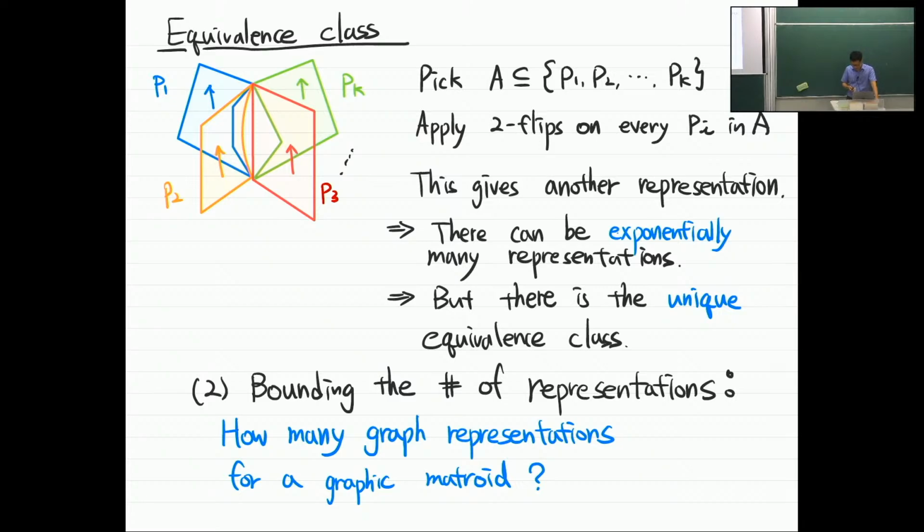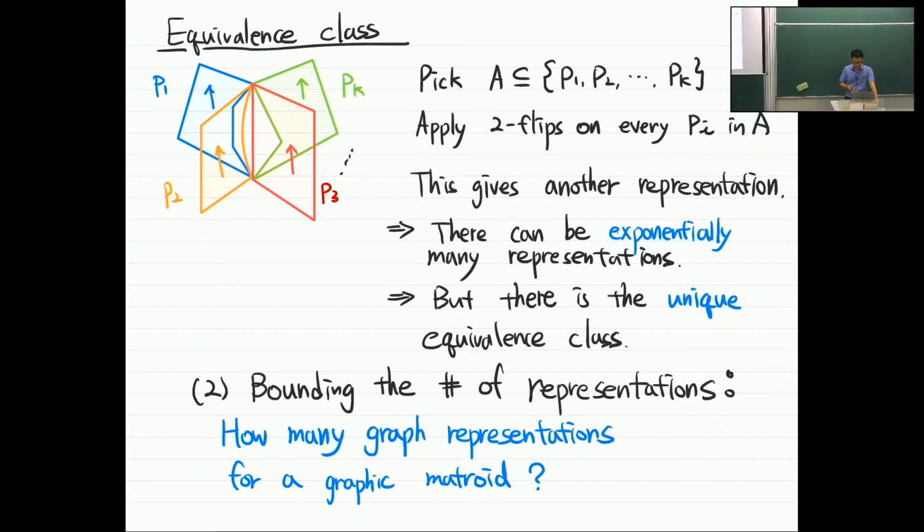In other words, by using Whitney's theorem, we can say that there is a unique equivalence class. And this gives a nice answer for the second problem, because Whitney's theorem implies that for a graphic matroid, there is a unique equivalence class.